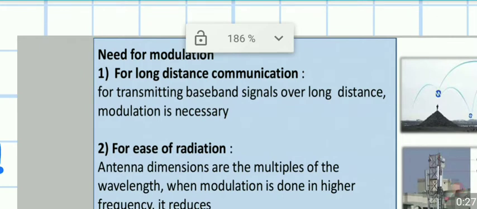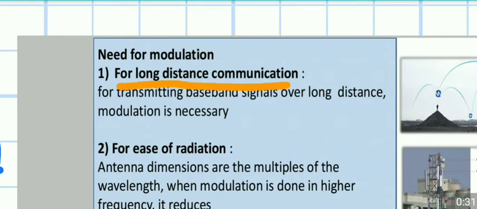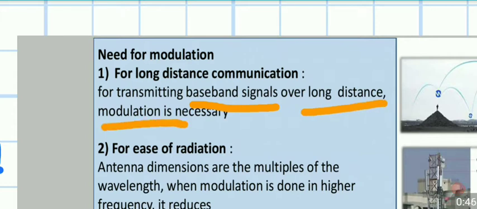The very first point is, for long distance communication we require modulation. For long distance communication means sending the baseband signals. To send the baseband signals over long distance, modulation is necessary. What do you mean by baseband signals? Baseband signals are those signals which have a lower range of frequencies.